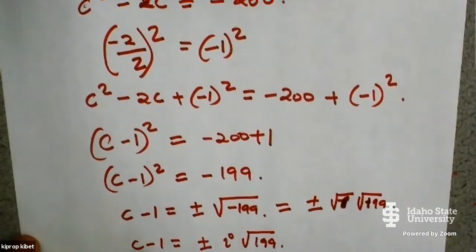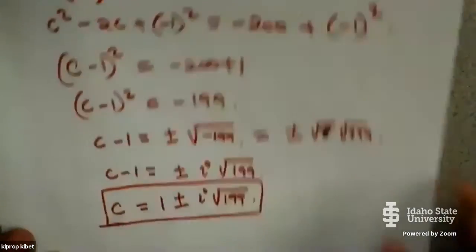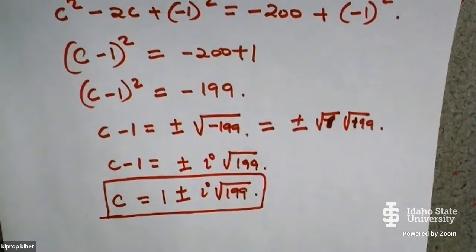So we now take the 1 to the other side. So c equals 1 plus or minus i square root of 199.